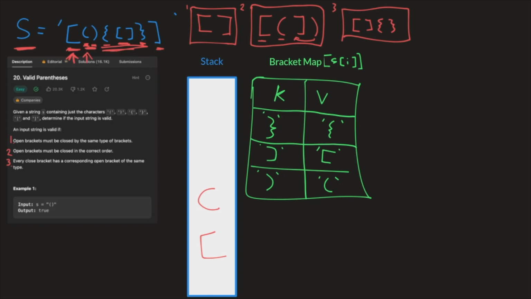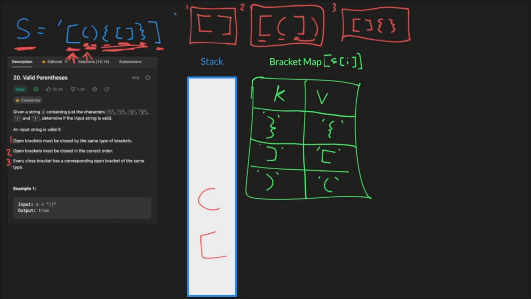And when we pass in that key, the key is either going to be an opening bracket or a closing bracket. Now, if it's an opening bracket, it's not going to be in our key value store, and our bracket map will return null, or undefined, or some other falsy value. But we'll just say for now that this will return undefined, which is a falsy value.